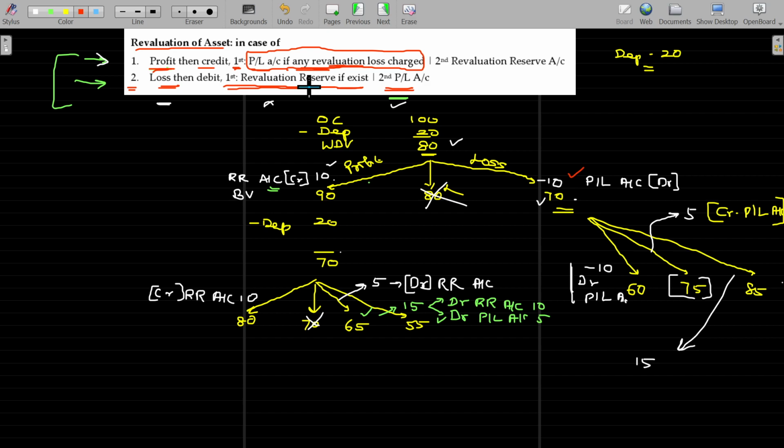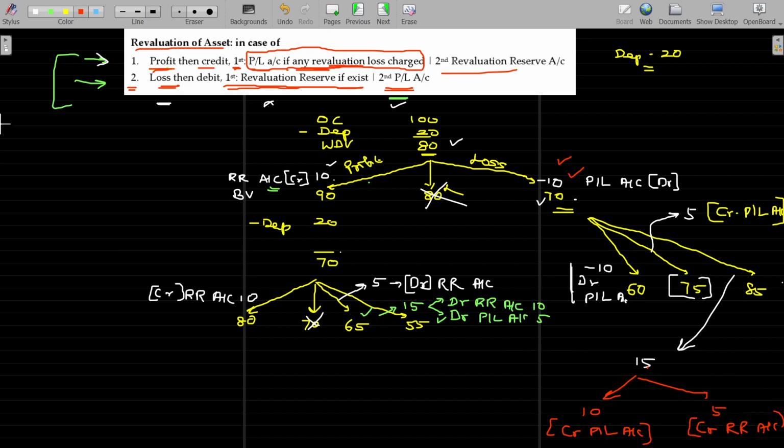If it is 85 showing a gain of 15, how much was already charged in the P&L account? 10 rupees. To that extent it is now credited. Out of 15, 10 rupees is now credited in the P&L account. First. And second, still you have profit more than that. That profit of rupees 5 will be credited in the revaluation reserve account. Very simple.